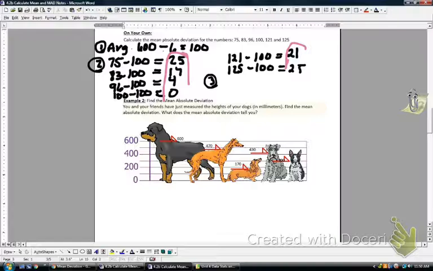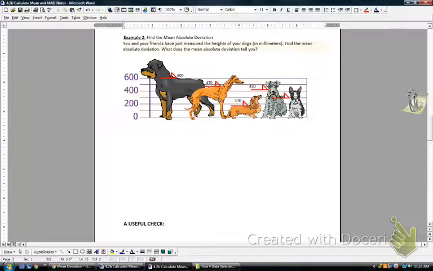We're going to add those up and then find the average. So when I add those up, I get 92. So 25 plus 17 plus 4 plus 0 plus 21 plus 25 is 92 divided by 6. And that comes out to be 15 1/3 or 15.3 repeating. So my mean absolute deviation is 15.3 repeating, or 15 1/3.